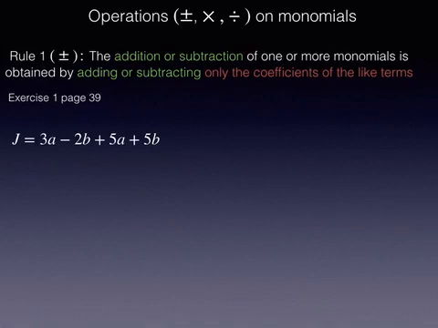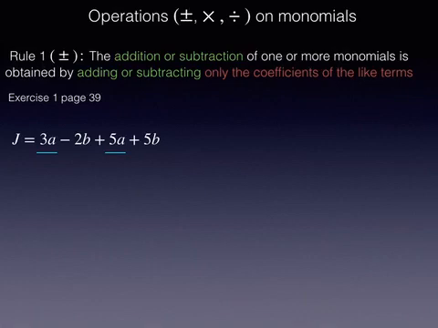So here we have 3a minus 2b plus 5a plus 5b. The terms 3a and 5a are like terms. Why? Because they have the same unknown or the same variable, that is a. And minus 2b plus 5b, these are also like terms. Why? Because they have the same unknown or variable b.